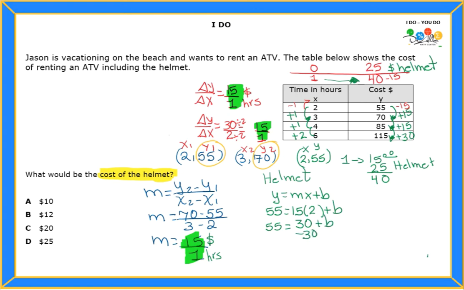Take away 30 on both sides. So my b is going to be equal to 25. Very good. Okay. Isn't that the number that we found up here? And we find it again here. Okay, so my answer for this should be letter D. Very good.